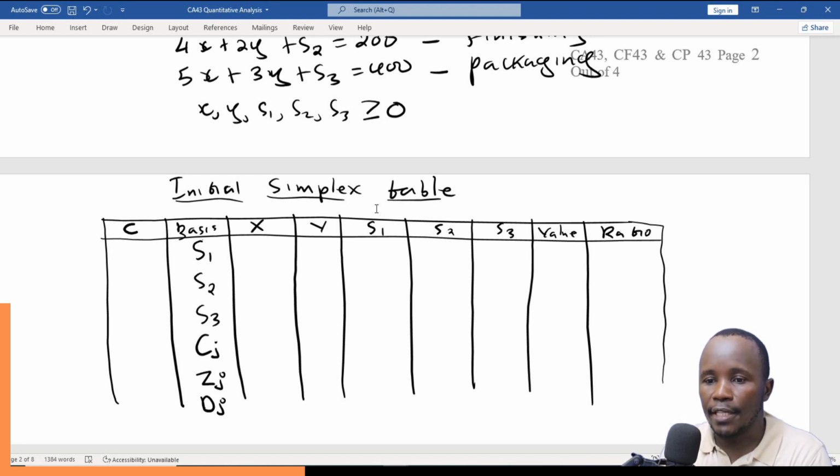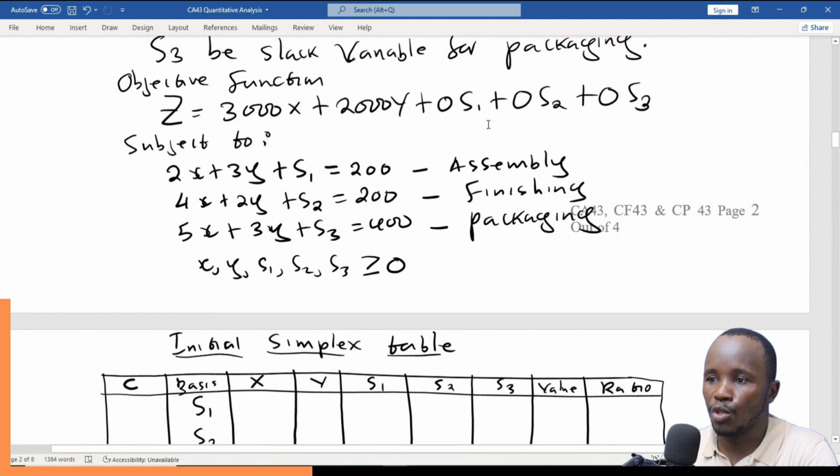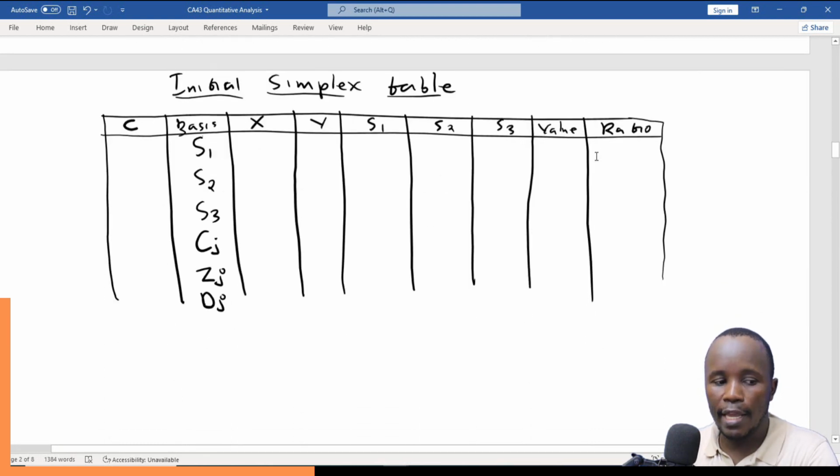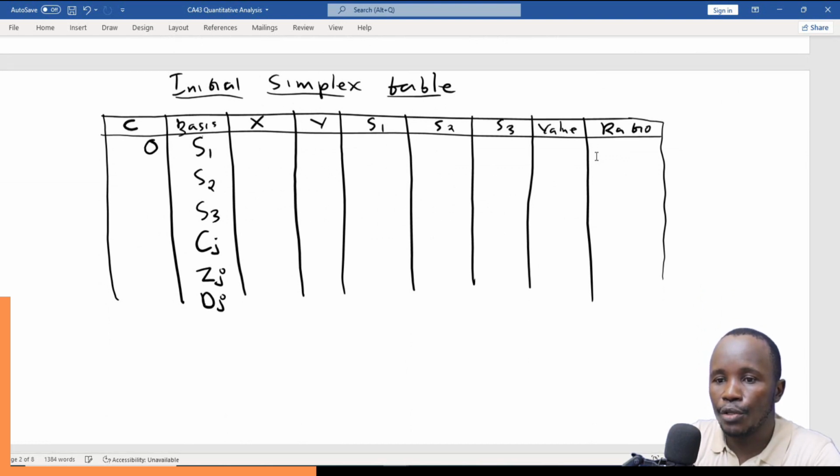Now, the bases are the ones along this column. Then contribution, here we are talking about the coefficient. What is the coefficient of S1 in our objective function? In our objective function, S1 has coefficient of 0, 0, 0. So, in the initial simplex table, we shall find this one being 0, this being 0, and this being 0.